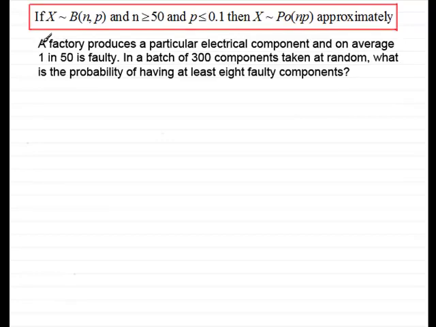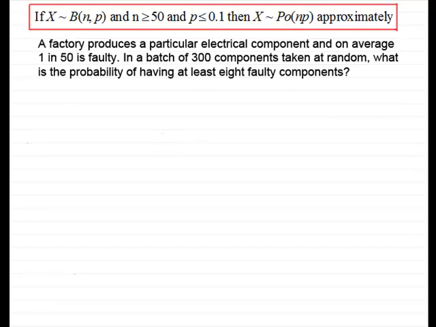If we assume that the probabilities remain constant and independent at 1 in 50 being faulty, we've got a finite number of trials n being 300, and the probability of a success, that is a faulty item, being 1/50th, then as I say, we've got a binomial distribution.